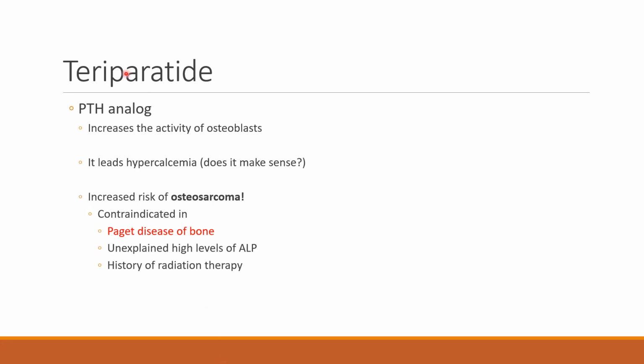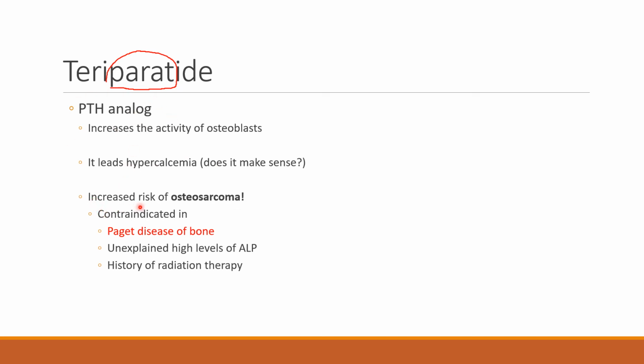And the other one is teriparatide. Teriparatide is a parathormone analog. So if you know it's a parathormone analog, you can learn everything. Teriparatide increases the activity of osteoblasts and it leads to hypercalcemia. It should make sense because it's a parathormone analog.